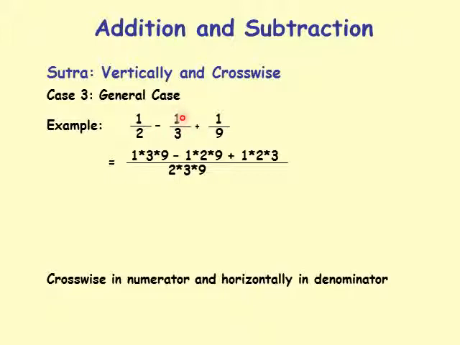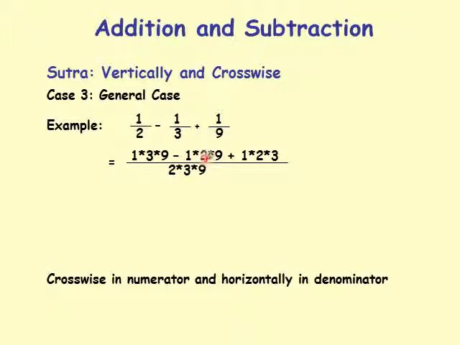Now we'll take over this 1 here. For the middle one, 1 over 3, one crosswise term is 2 and another crosswise term is 9. So I'm going to multiply 1 by 2 by 9.